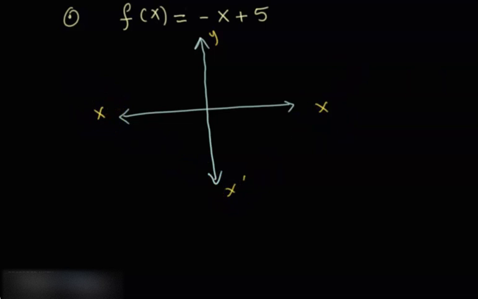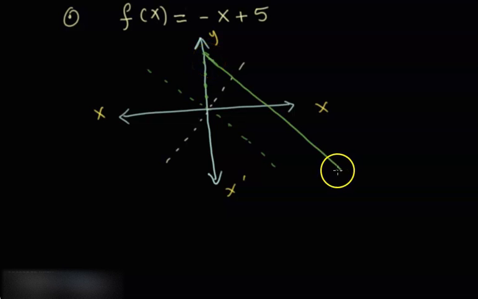The parent function is this way, and then we consider its reflection, minus x, which is going to be here, and then we have to move it 5 units up. So we have reflected it, now we will move it 5 units up, 1, 2, 3, 4, 5. This will be the graph of the function that we have defined.